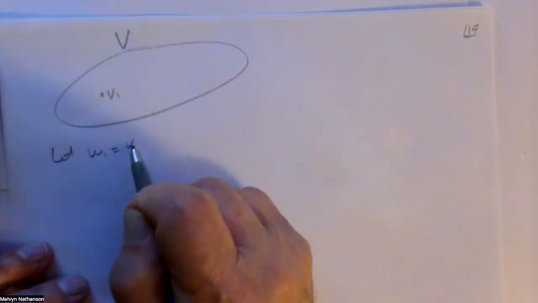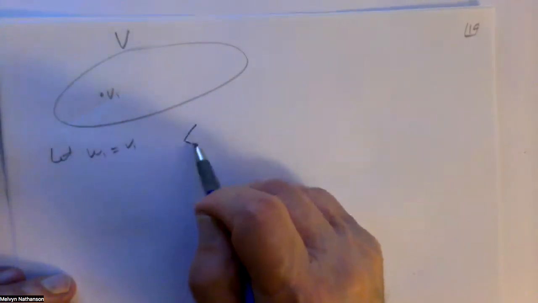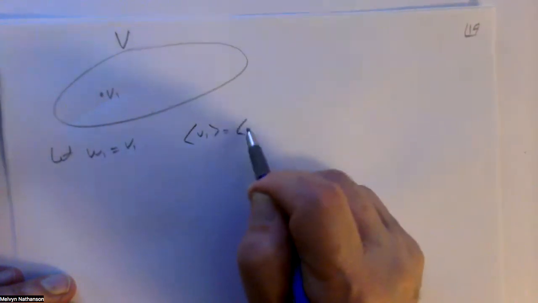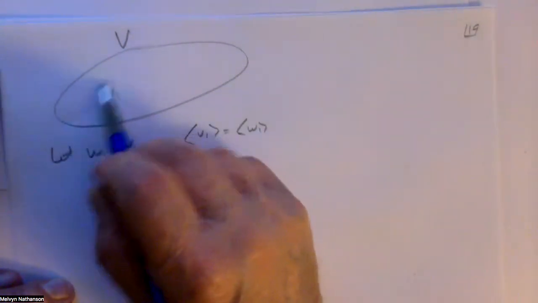Let W1 equal V1. That's pretty simple, and then they're the same. So the subspace generated by V1 is the subspace generated by W1. Now, outside of that subspace generated by V1, we have the vector V2.